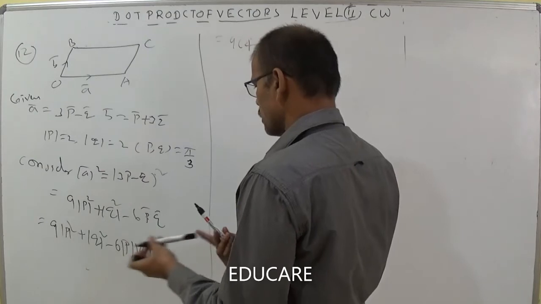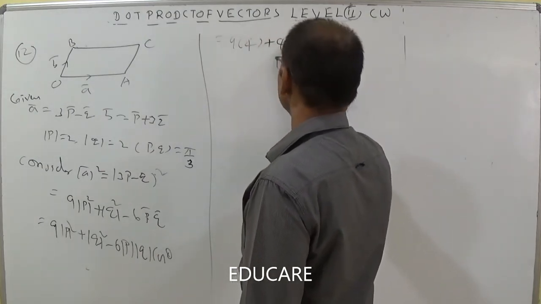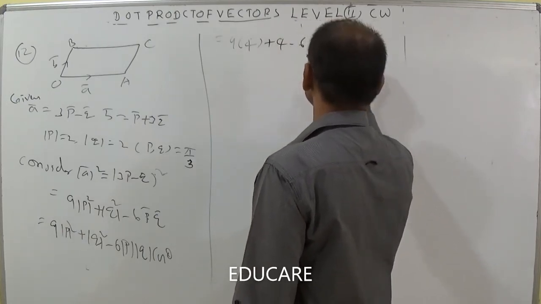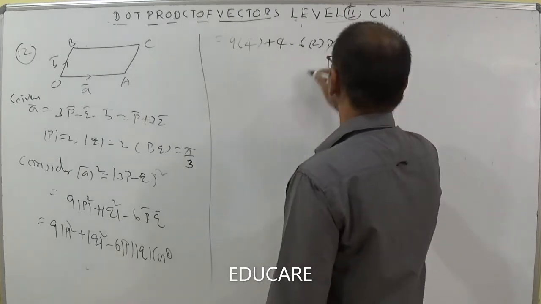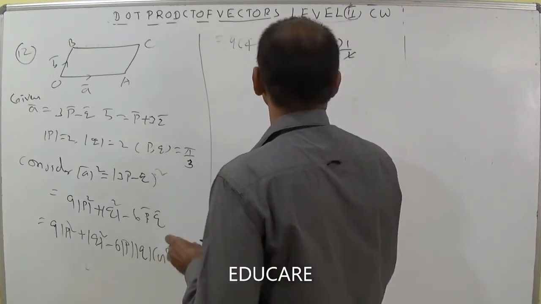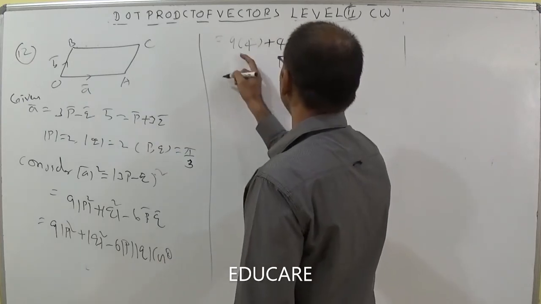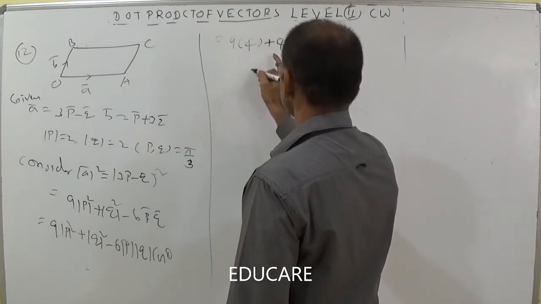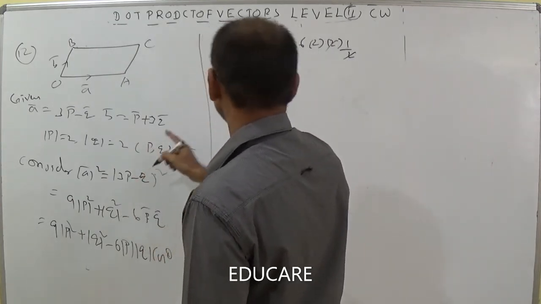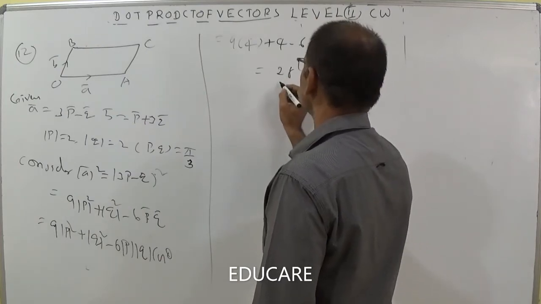9 into 2 square plus what is the value of Q? Q is also 4. Minus 6 into 2 into 2 into cos 60, value 1 by 2. 2 got cancelled. 9 into 4 is 36. 36 plus 4, 40. 40 minus 12, 28.